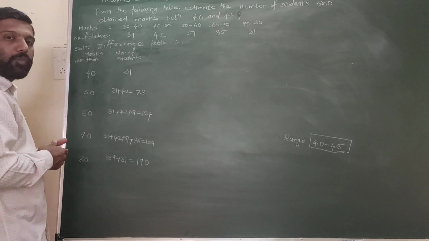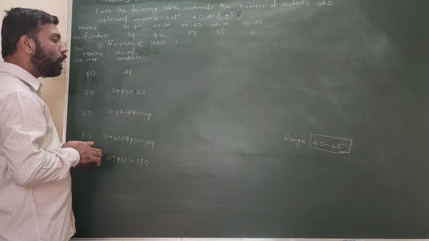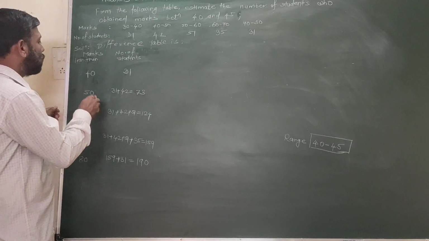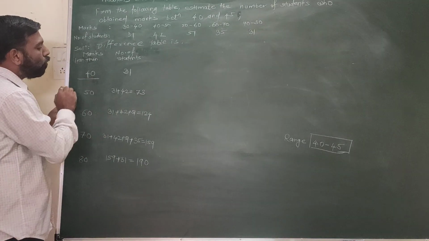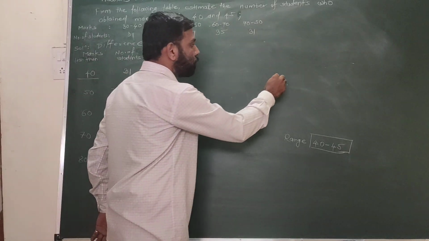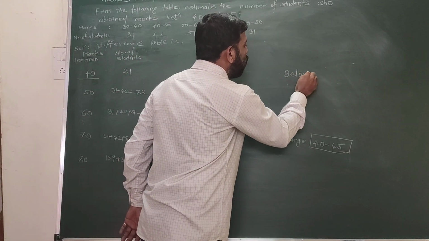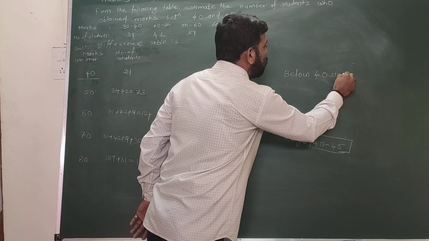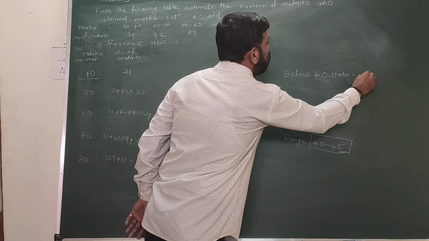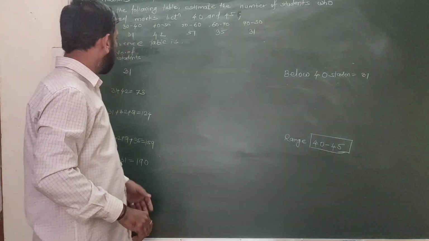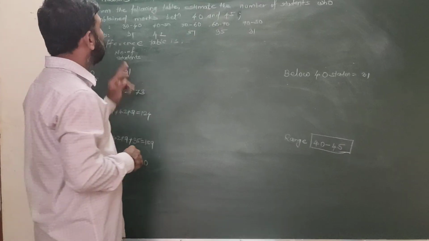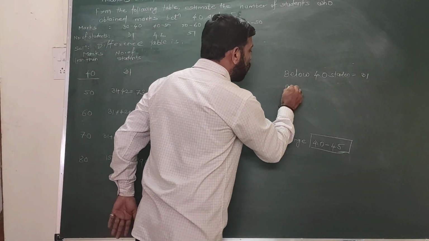Now we'll see what our question is. We have to find out the range 40 to 45. How can we complete this? Now we have below 40 students. How many students are there? 31. Now what will we find by using Newton's interpolation?